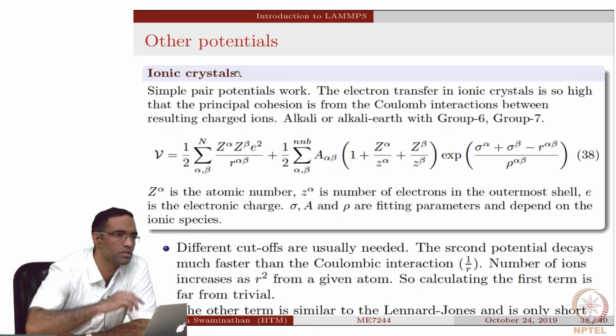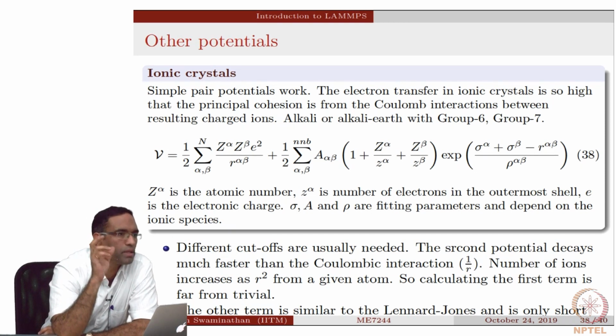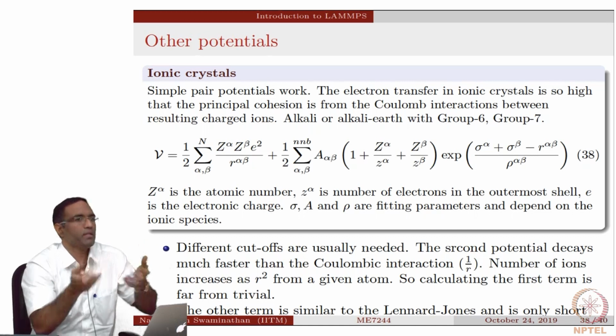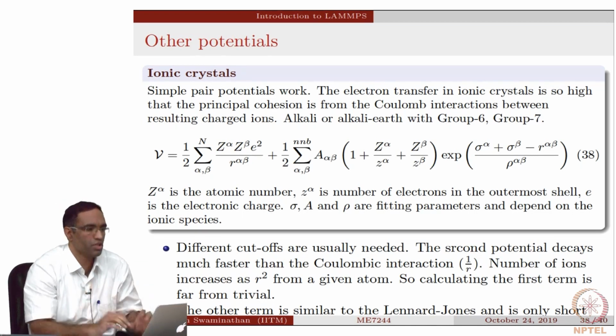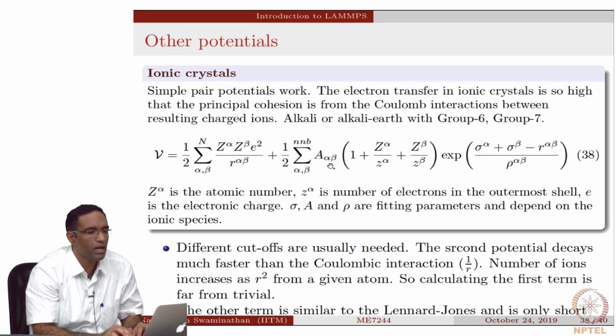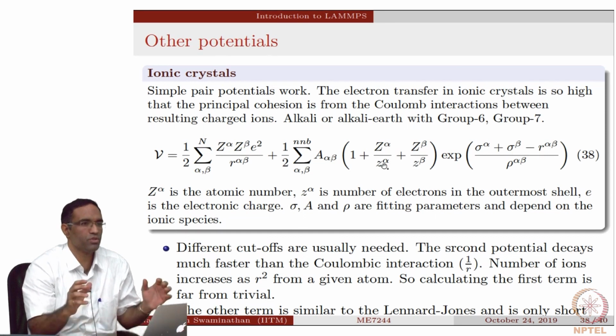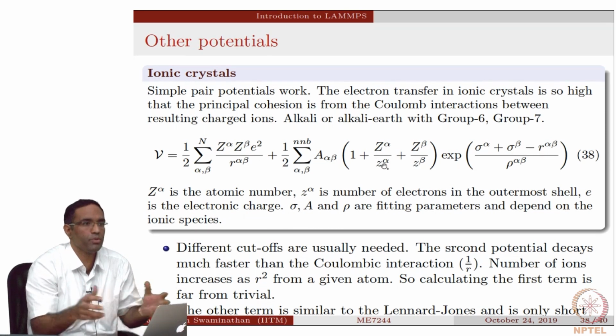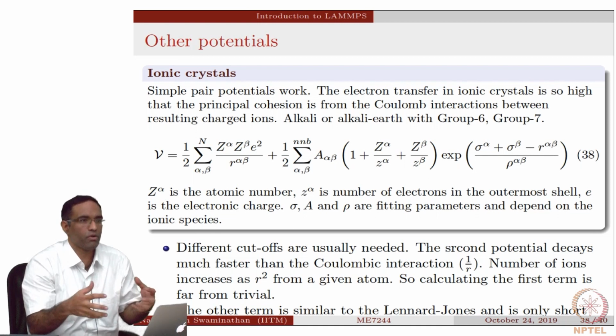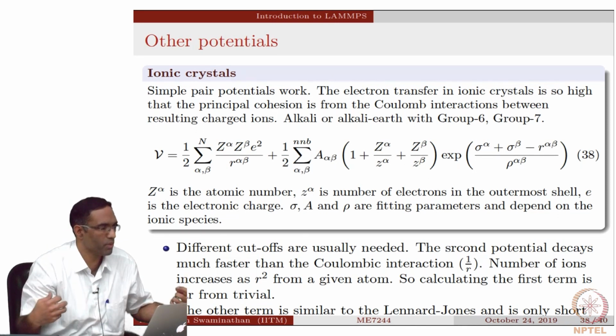So in ionic crystals, the bonding that exists between the atoms is essentially ionic, and the long range interaction between the charged ions is so effective that it is by and large the only part that is important. And then you just need to have some other short range pair potential, which will just take care of the electron repulsion that exists between the atoms.